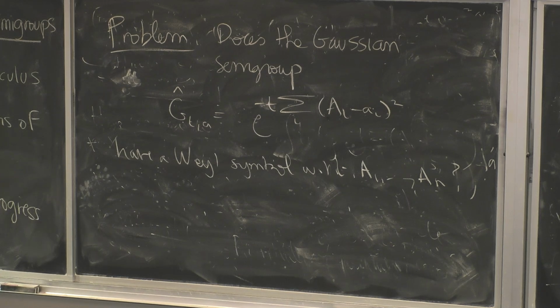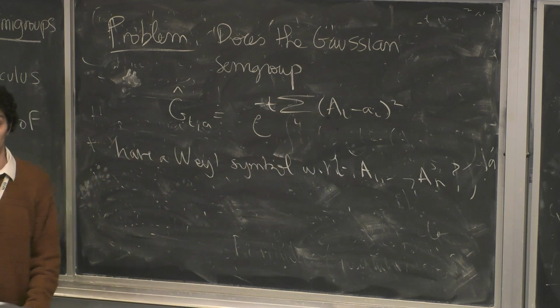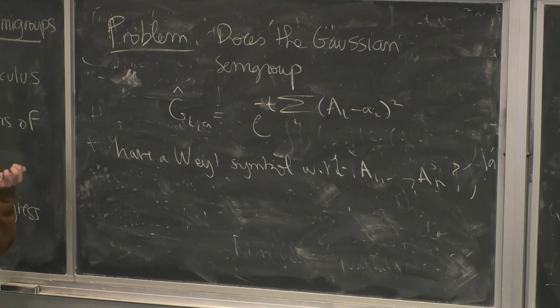But my idea to tackle this problem is to assume that these operators generate the representation of a Lie group, so that I can use this star product on my space of symbols that I defined at the beginning of the talk.